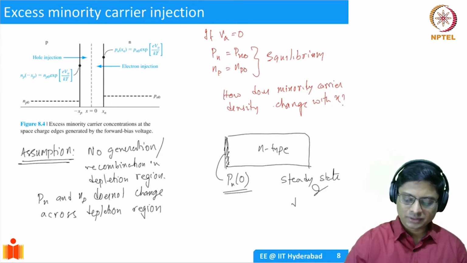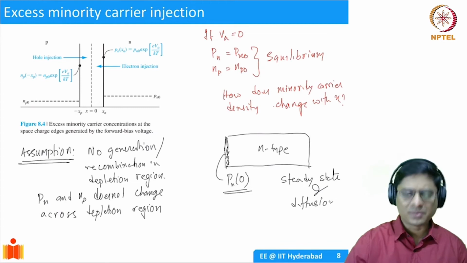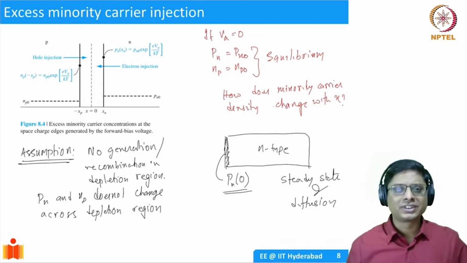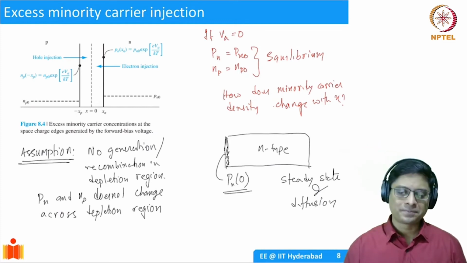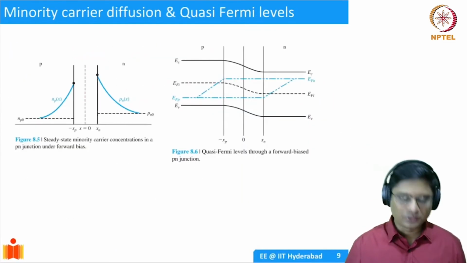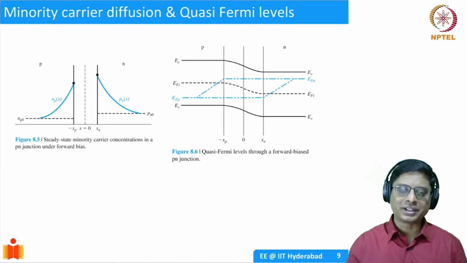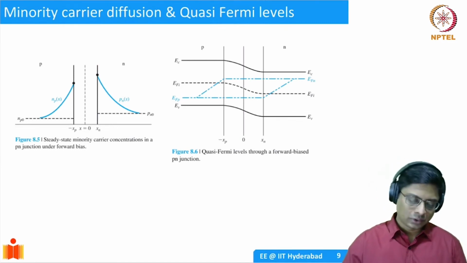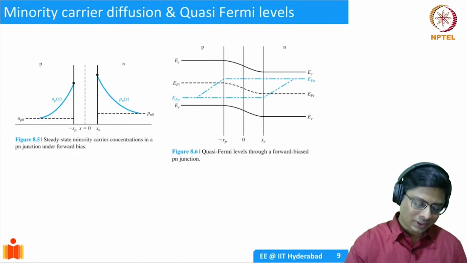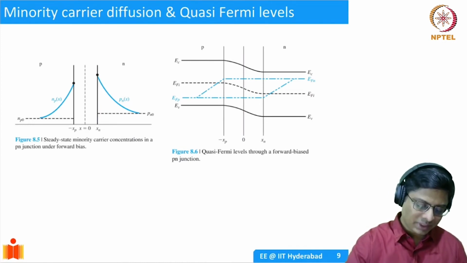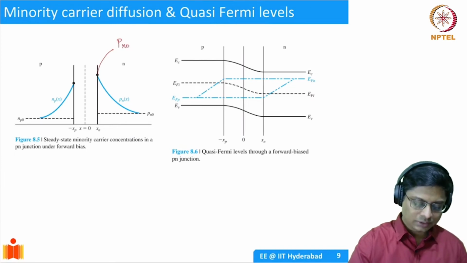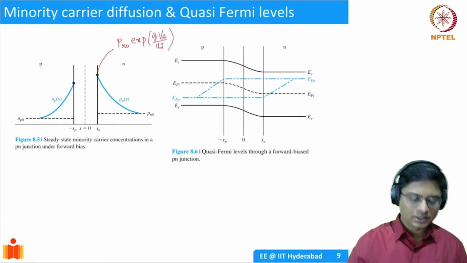So we have taken the case of steady state, and diffusion terms were there, right? I don't remember which case it was, but one of the cases was this. So we saw that when you have a situation like this, there's going to be an exponential decay. We will not solve it now. If you are not convinced, go back and look at that particular lecture and it will become clearer. So what our analysis told us is, this is simply going to be Pn naught times exponential of Q Va by kT at the edge.